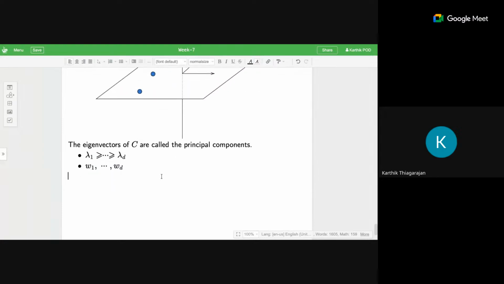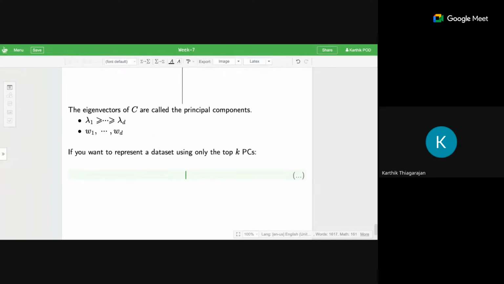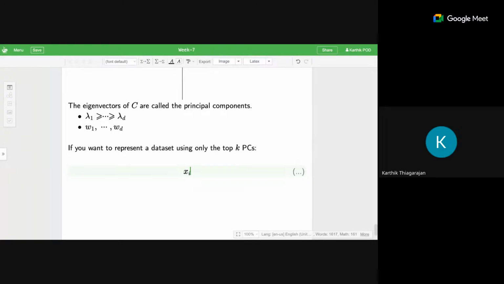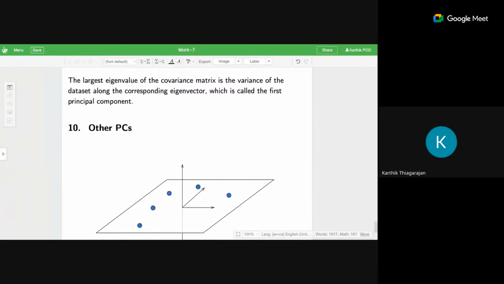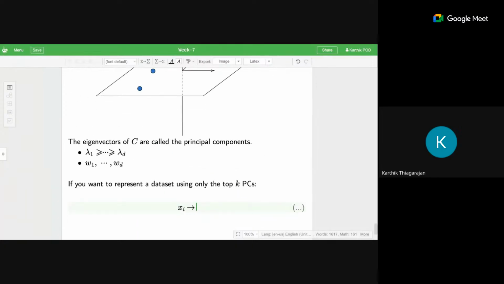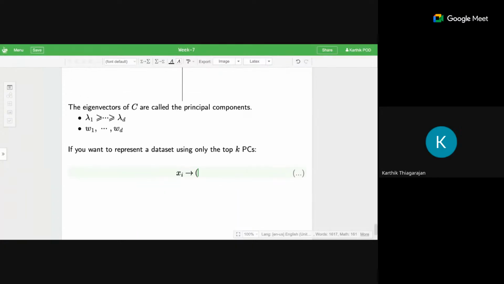So if you want to represent a data set using only the top k principal components, what do you do? I'll just show you what you do for one data point. You have xi, and you want to represent xi using k principal components. So far, if you do it for only one principal component, how will you represent xi?